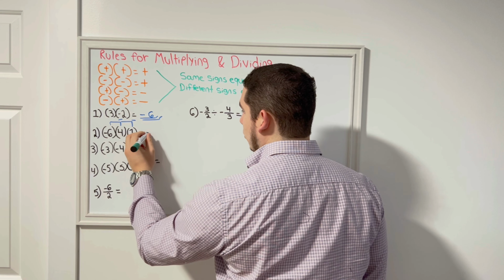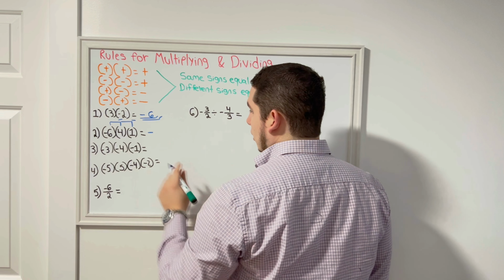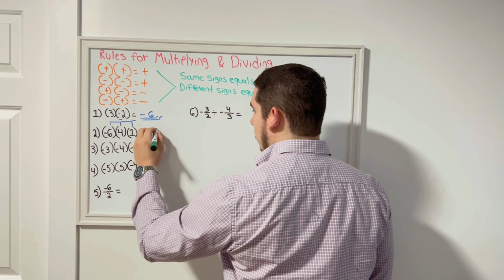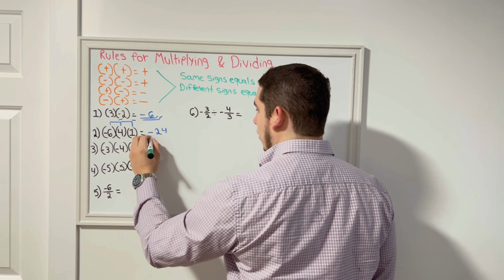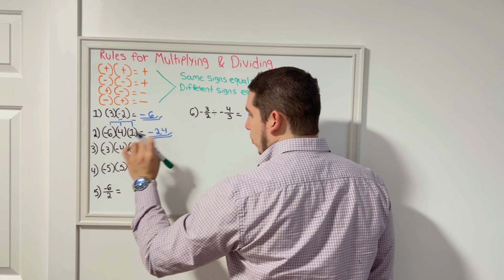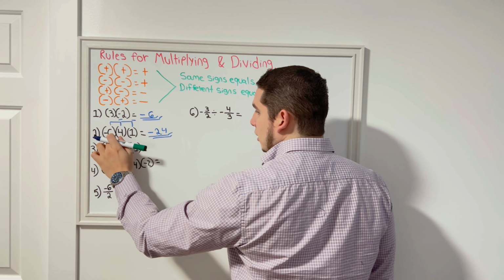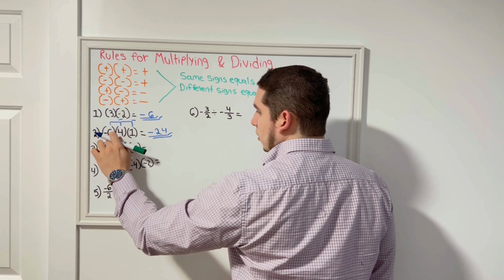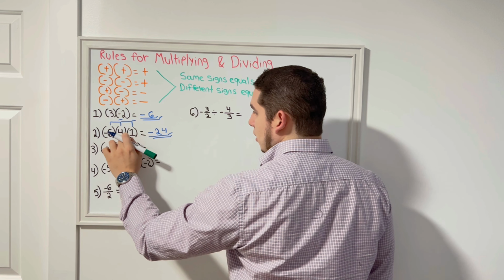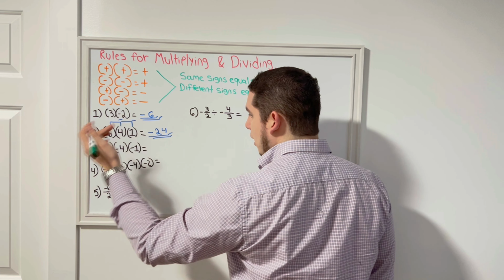Therefore, the answer is going to be negative: 6 times 4 equals 24, times 1, minus 24. So, what we did to solve this was we did it step by step. Minus times positive equals negative, and negative times another positive equals also negative.